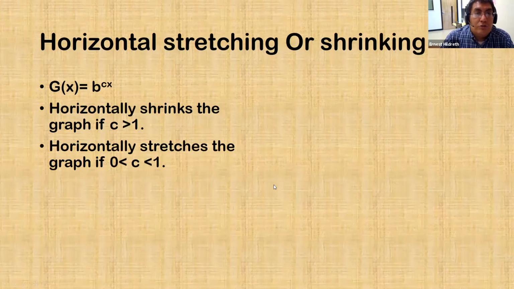Okay, horizontal stretching. So again, we have the base raised to the constant c times x. So it'll shrink if it's greater than 1, and if it's between 0 and 1, it'll stretch.